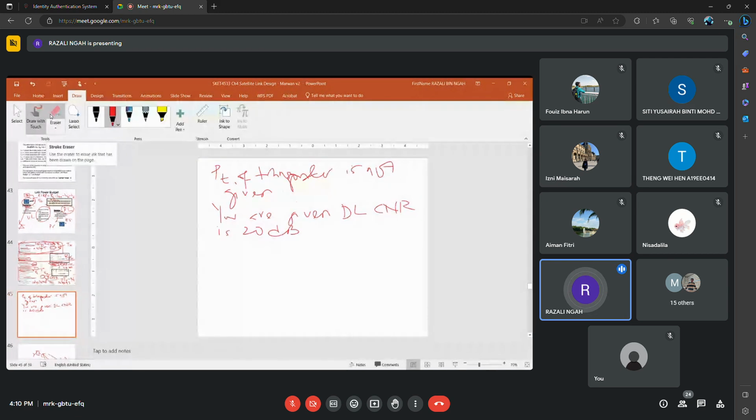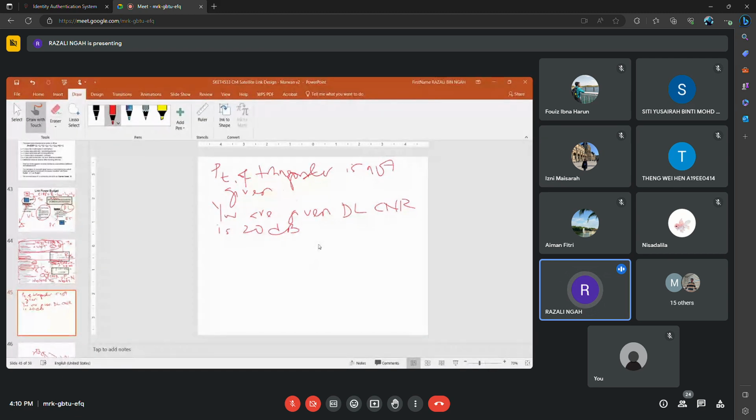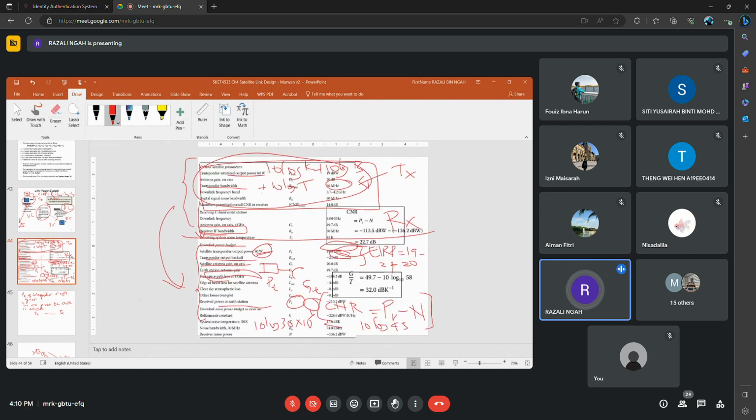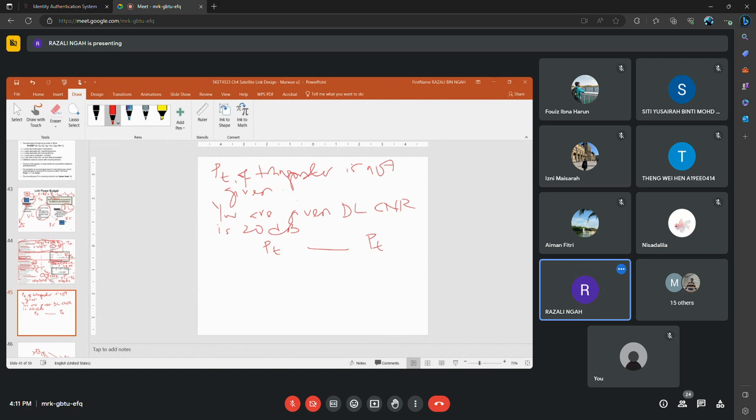So when the question asks you to design the link budget, the downlink link budget, you still start with the PT. Because our PT is not given, you just put PT. And then what else? Back off loss, LBO, minus 2.